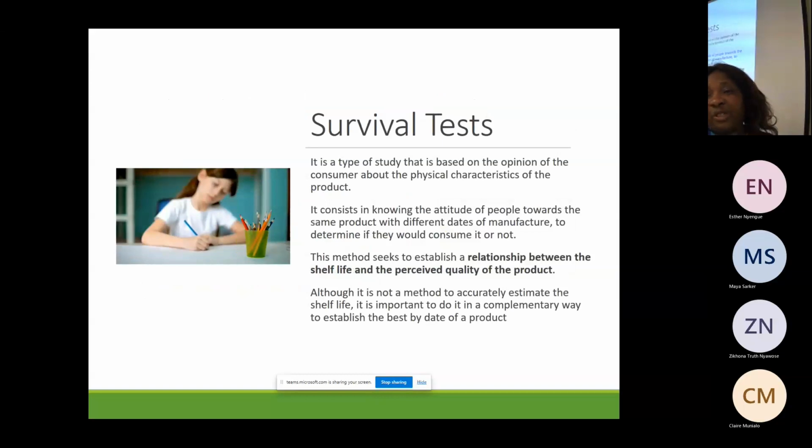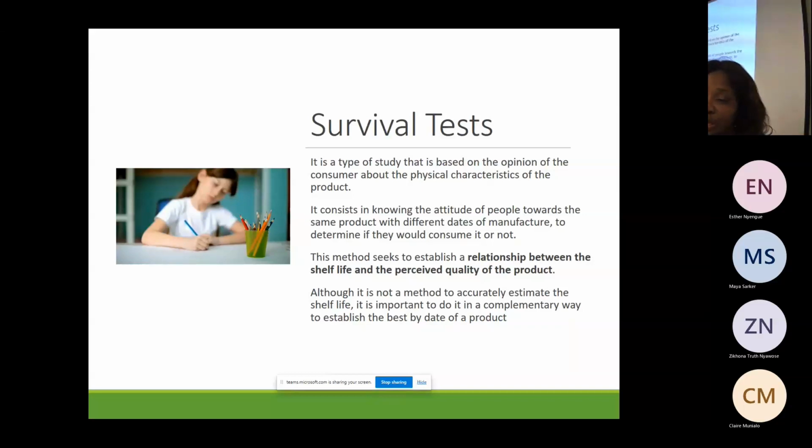And then there are survival tests that are done. This is a type of study that is based on the opinion of the consumer, because every food product in the market will only do well as far as it can satisfy the consumer. So they can use the survival test as a way of finding out the shelf life of the product.